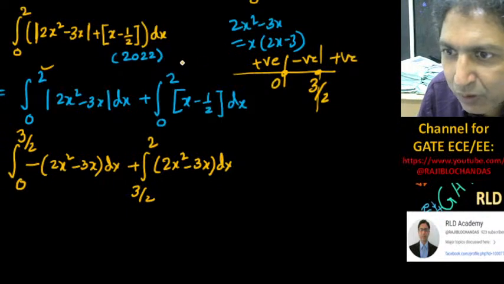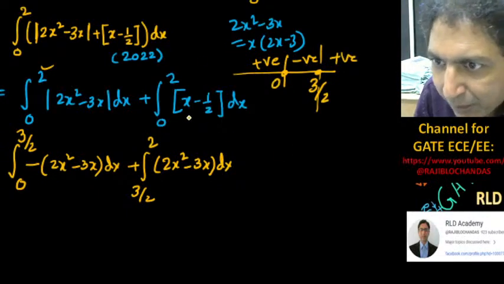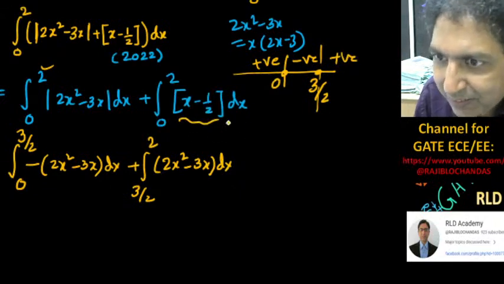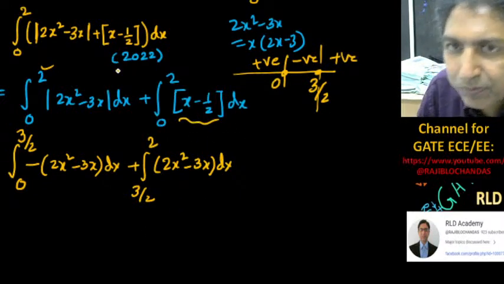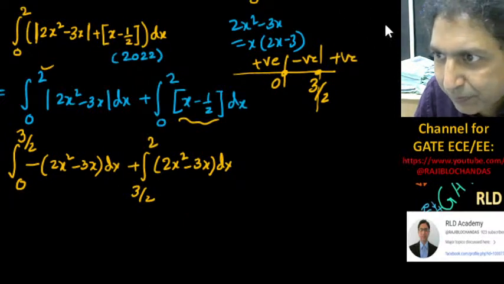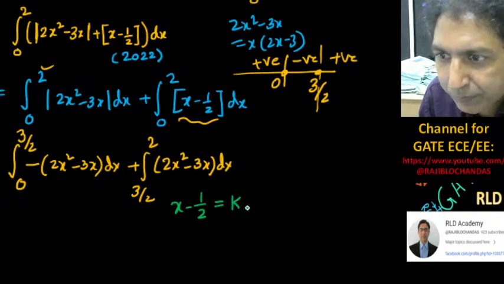But what about the next one, the greatest integer function? When will it become 0? This x minus half, I will consider as some integer k.